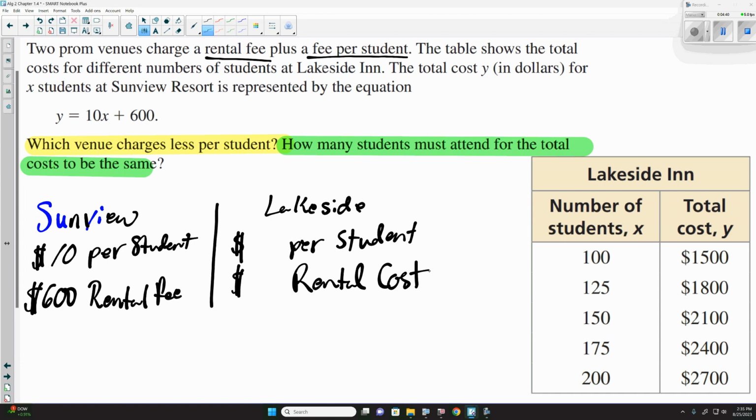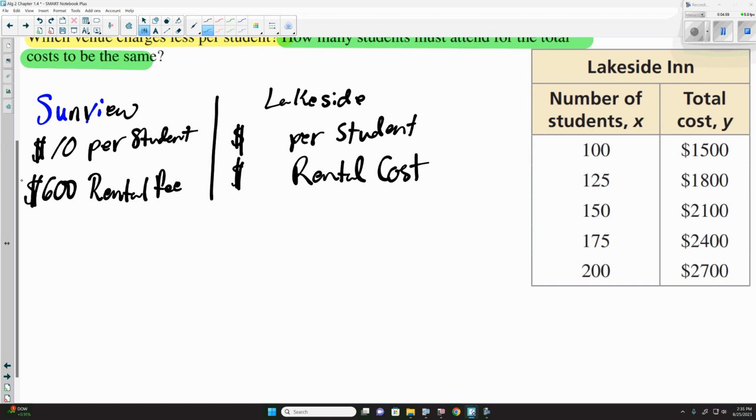So how much does it cost per student at Lakeside? Do we know? No. We don't know the cost per student at Lakeside or the rental fee because they just gave us points. So what we need to do first is find the slope, or the cost per student, for Lakeside, and then find the equation.